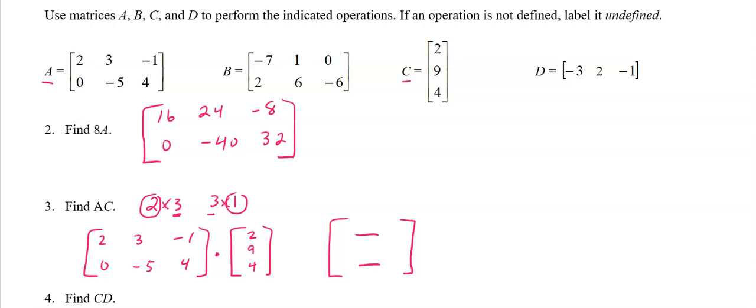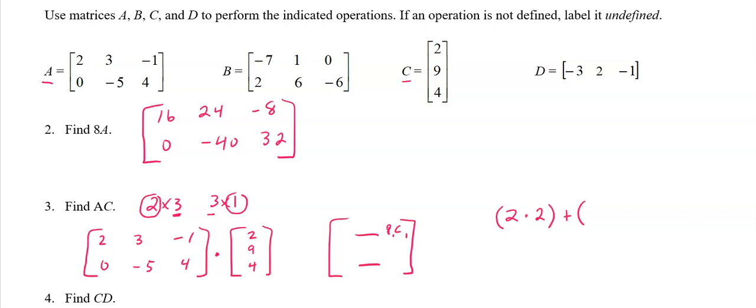This top row would be row 1, column 1. You don't have to write this, but just so you'll see it. That means I'm going to use row 1 of the left matrix times column 1 of the right. And so you just match up the elements. The first element of the left times the first element on the right, 2 times 2.